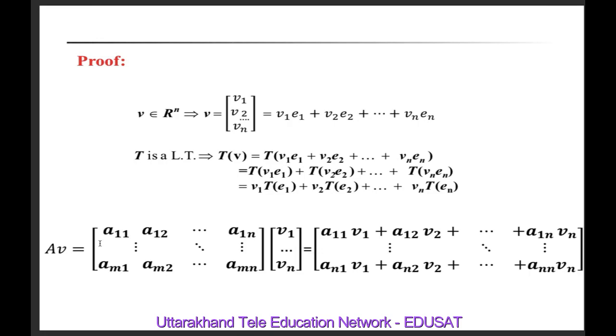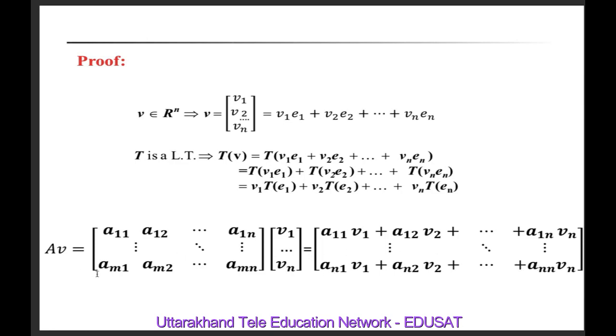Similarly, we multiply the corresponding elements of the second row with the column to write the elements of the second row. And continuing like this, we will multiply the elements of the mth row with this column V1, V2, ..., Vn to get the elements of this row.